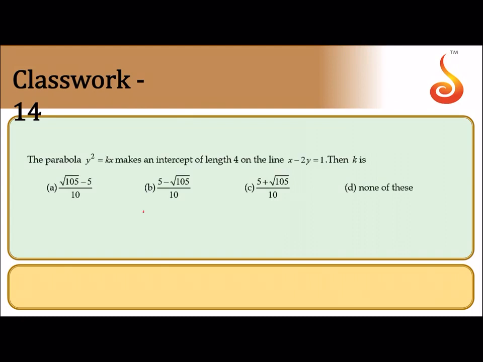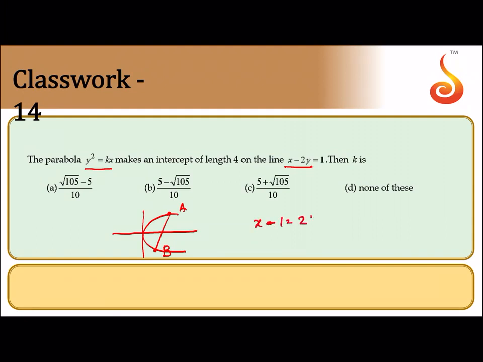Example 14. Parabola y square equal to kx makes an intercept of length 4 on the line. So what they mean is this is a parabola given to you, and this is the line. This intercept is given to you of length 4. This is A and this is B. So you have to substitute the value of y.